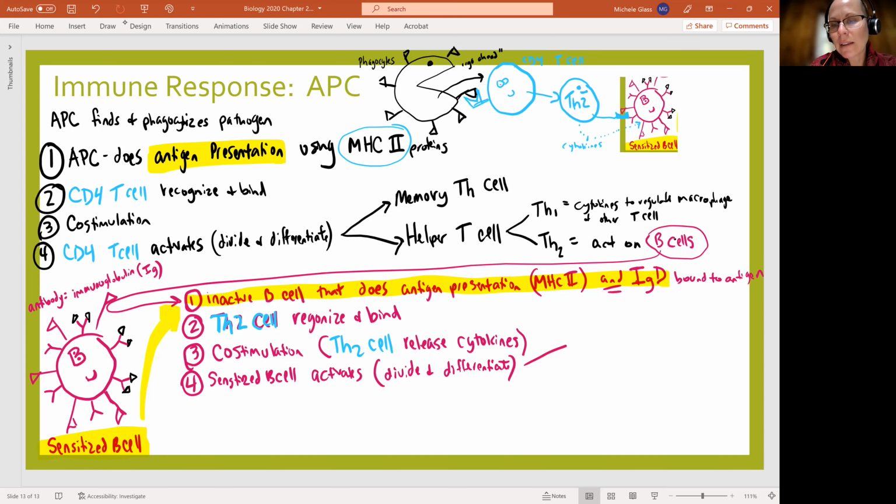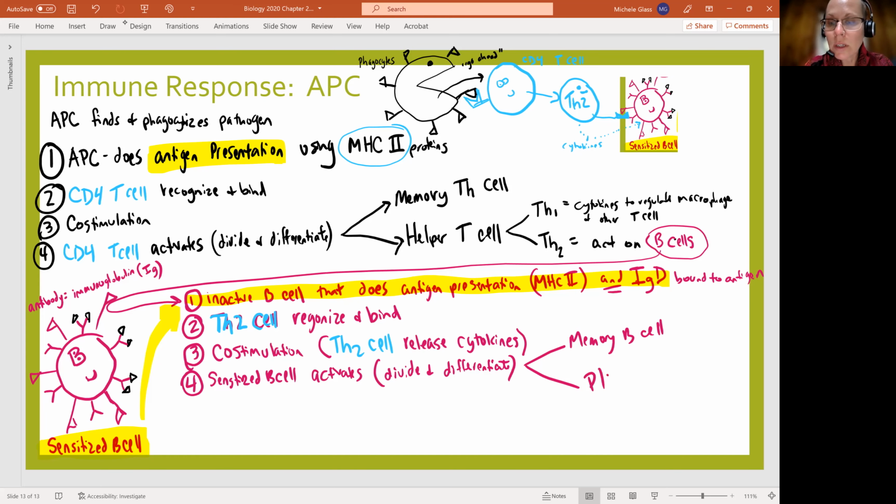And in this case, we're making a memory B cell. You guys know the story. Memory B cell is not active in this primary response, but it will be active in the secondary, and it will be available super fast, ready to go with that next exposure.